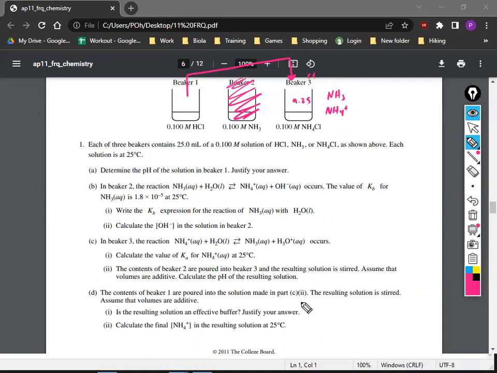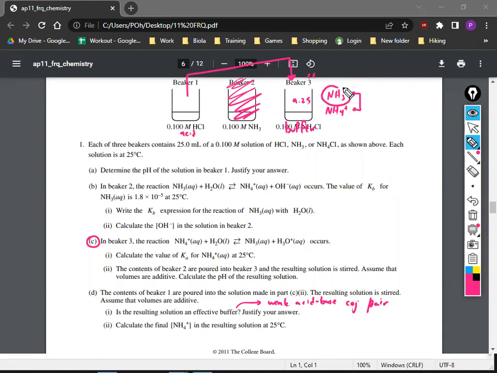Now if you guys remember, a buffer is a weak acid-base conjugate pair. What you did in part C, this is an effective buffer because it's a conjugate acid-base pair. But this other one is a strong acid. If you add a strong acid to this buffer, the acid is going to react with your base.